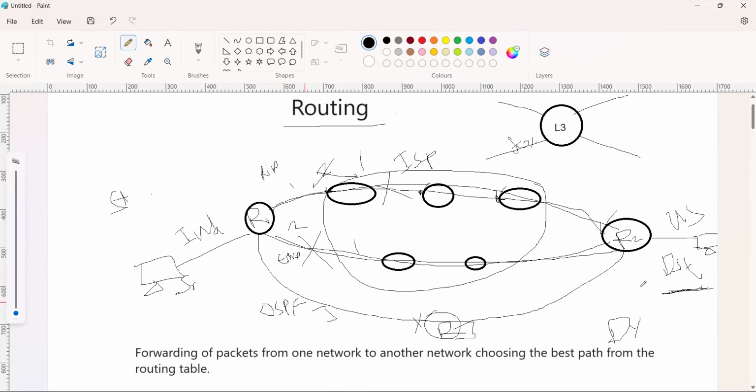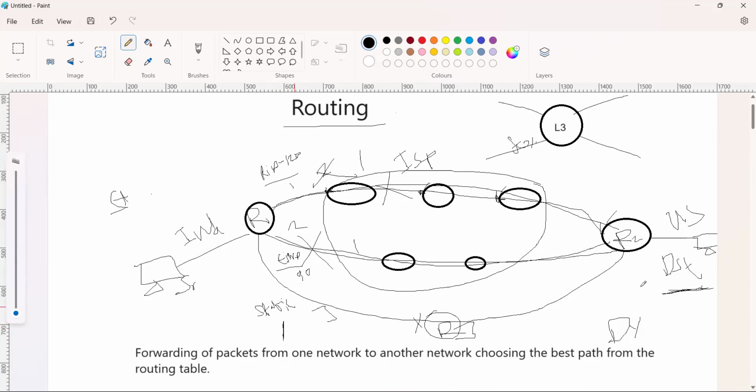For timing, you can assume RIP, leave it, OSPF. Sorry, no, this one is static. Okay, fine. Statically we configure static routing, along with EIGRP and RIP. RIP uses the AD value 120, EIGRP uses the value 90, and static is 1. Statically we are configuring, so the AD value is 1.